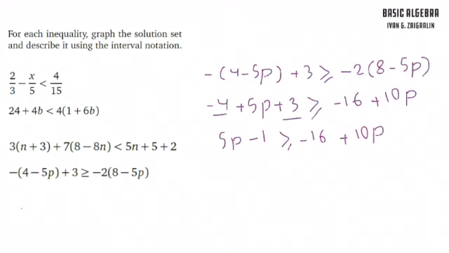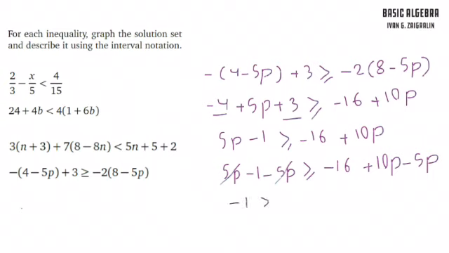So now we add negative 5p to each side. 5p minus 1 minus 5p is greater than or equal to negative 16 plus 10p minus 5p. So this 5p goes with this negative 5p. So negative 1 is greater than or equal to negative 16 plus 5p.